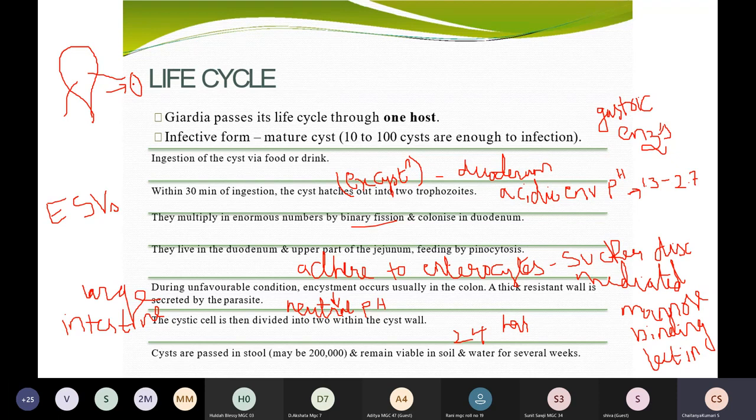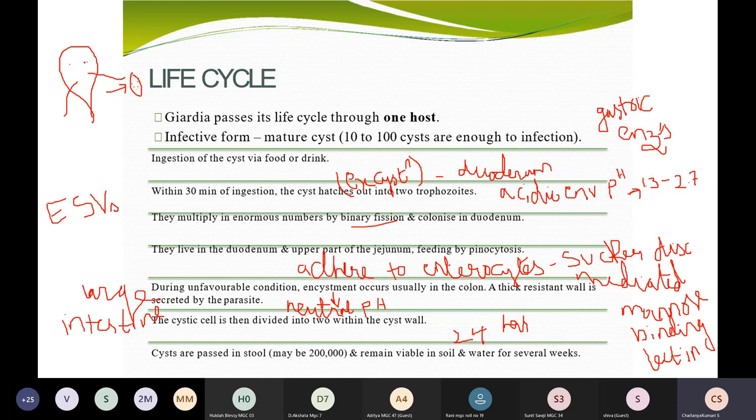Okay. So finally, the nuclei present in the trophozoite will undergo nuclear division. As I said, the trophozoite consists of two nuclei, and they will undergo nuclear division to form 4 nuclei. So inside the cyst, you can see 4 nuclei. Do you observe in the previous slide the structure of trophozoite and the cyst?